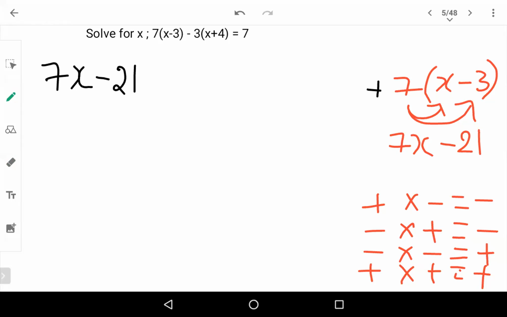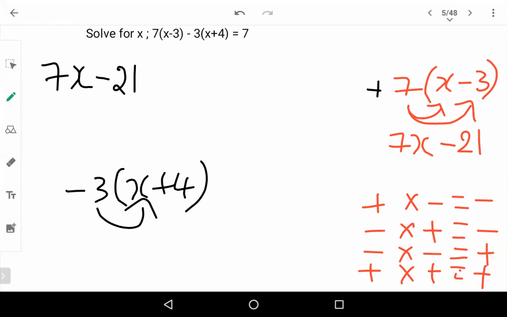Yes? Okay. Now let us take the second expression, minus 3 into (x plus 4). Here taking minus 3 is very important. Don't just multiply it by plus 3. Minus is also important here. So minus into plus x will give me minus 3x. Then minus 3 into plus 4 will give me 4 3s are 12, but I have to take the minus sign, so I get minus 12.